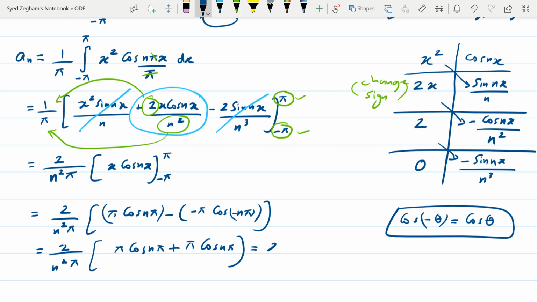So this gives us 2 over n square pi, and pi cos n pi plus pi cos n pi will become 2 times pi cosine n pi.